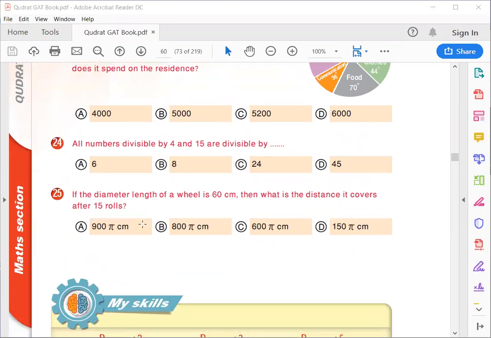Number 24. All numbers divisible by 4 and 15 are divisible by what?